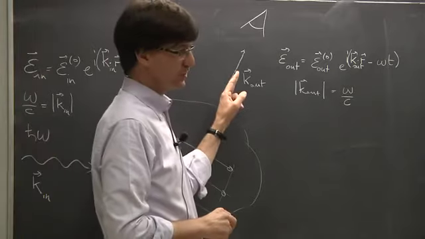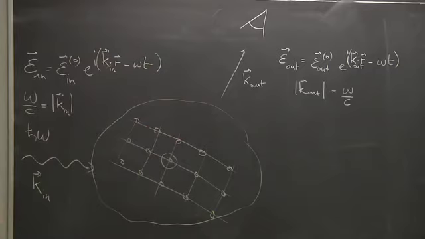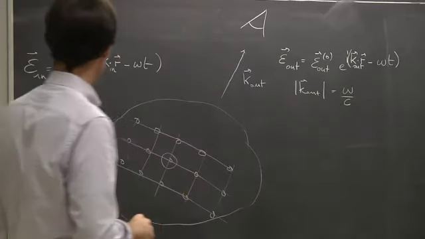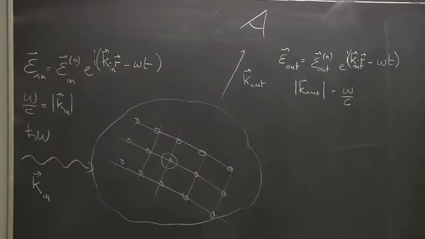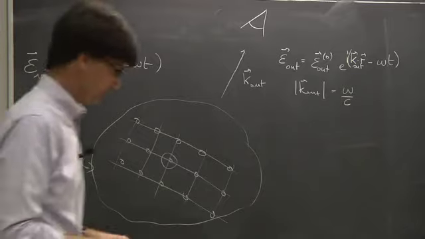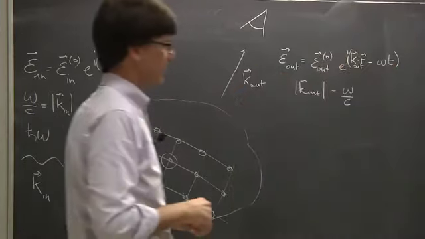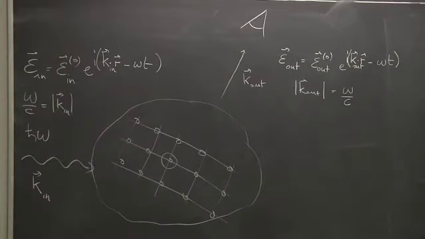It will be in a different direction, but it will have the same absolute value, because omega is the same. So I fixed a number of things here in my expression, and I related them to the incoming field.